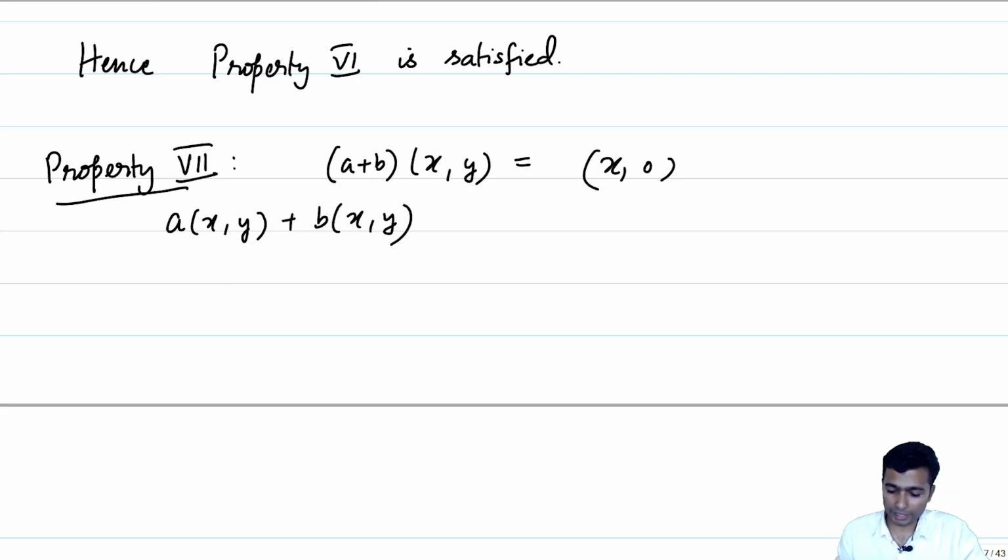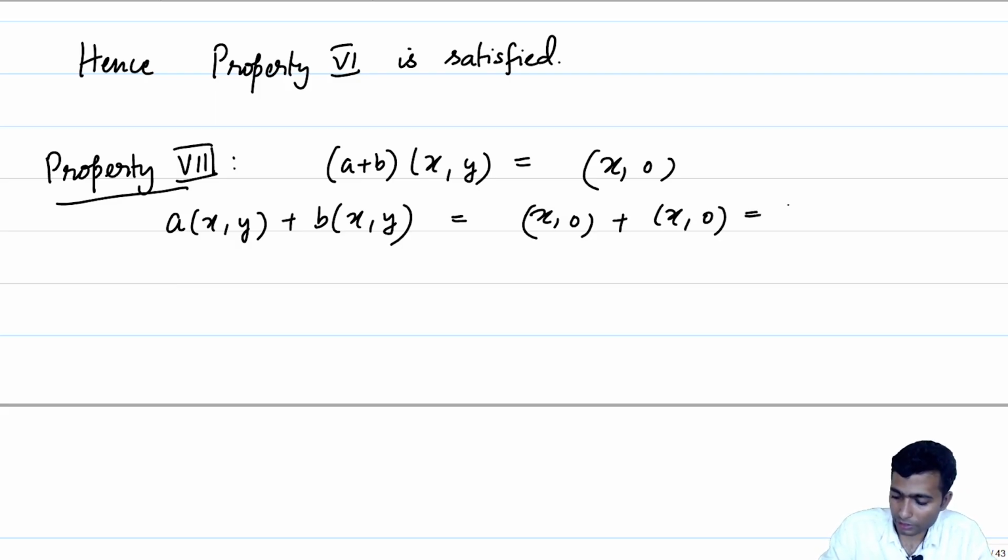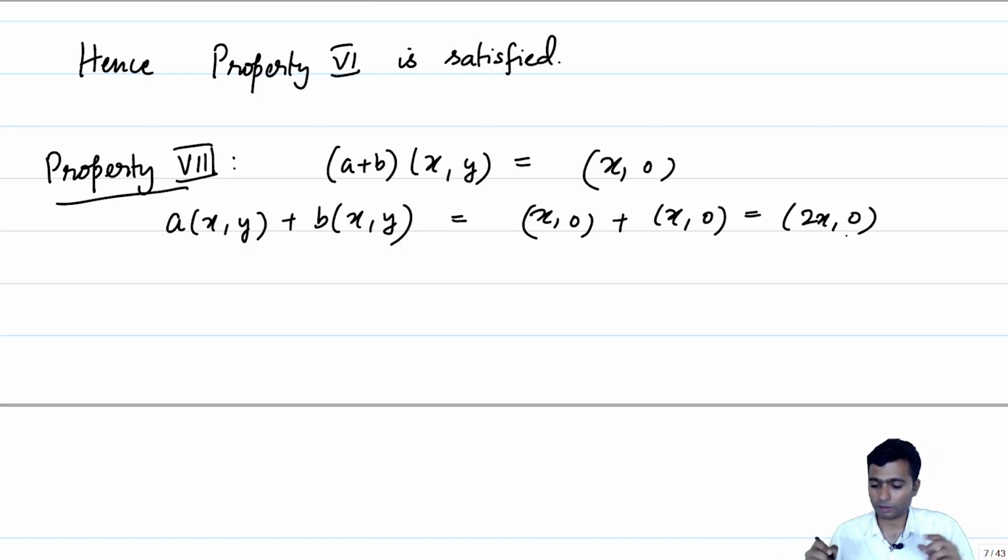Oh, this was property 8, I guess. So let me just put it here. Whether property 8 is satisfied or not, let's check. This is going to be equal to (x, 0) plus (x, 0), which is (x plus x, 0), which is (2x, 0), right? So if x is non-zero, then this is not going to get satisfied.